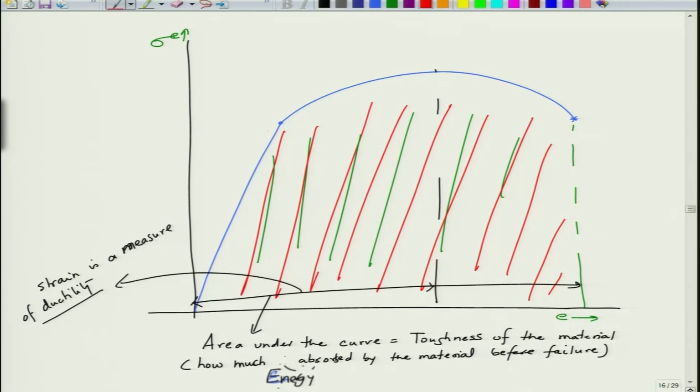The slope of this linear region is a measure of what we call stiffness, which is sigma y divided by epsilon y. These are a few things that you can determine from this plot.